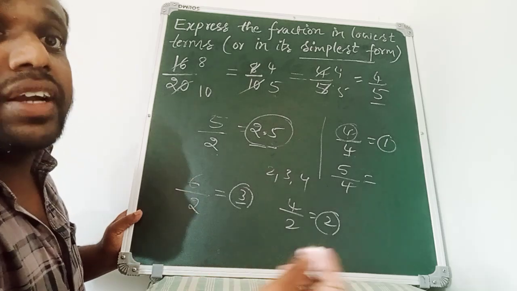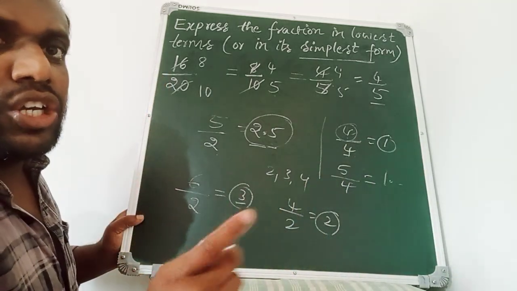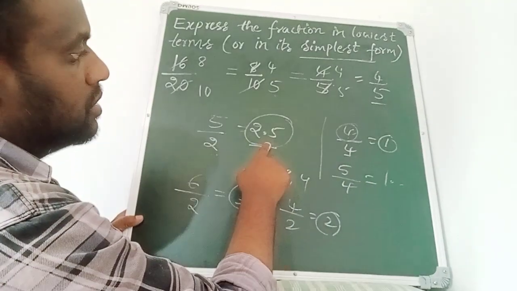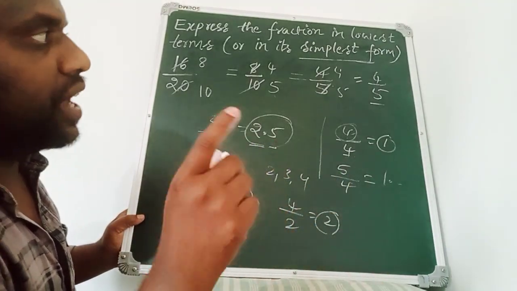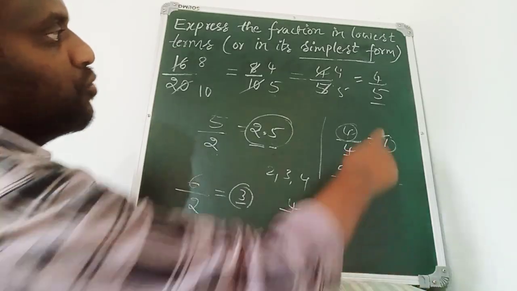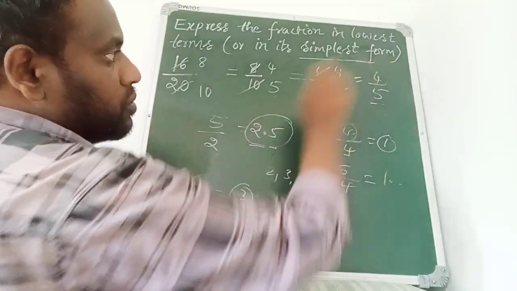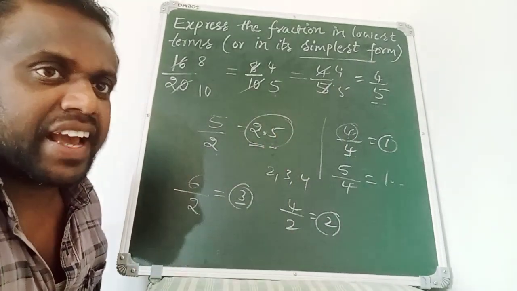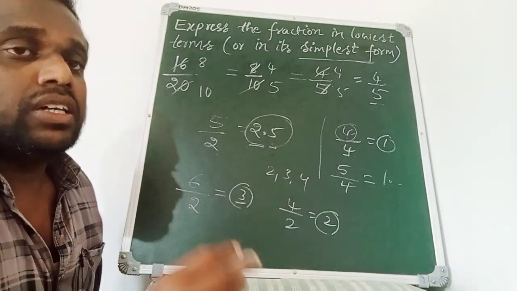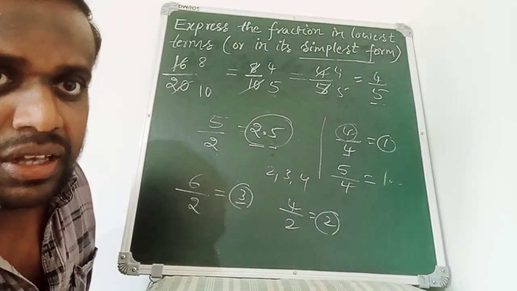What will you get? We will get a decimal number, like 1 point something. If we get a decimal number, as I said, this 5 is not completely divisible. So you cannot select 4 also. Similarly, if you take 5, this 5 can be divided by 5 completely but not this 4. So there is no such number except 1 that can divide both 4 and 5 completely.